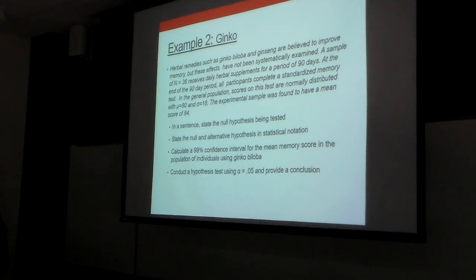Okay, so now what we want to do is calculate a 99% confidence interval for mean memory score in the population of individuals using ginkgo supplements. What's the first thing I need to do? What do you think, Haley? We define the Z-score that relates to the 99% confidence interval.